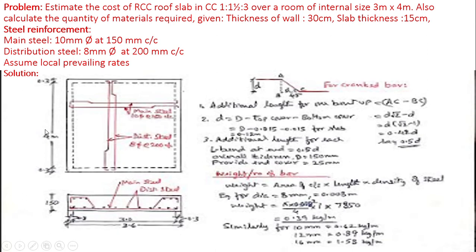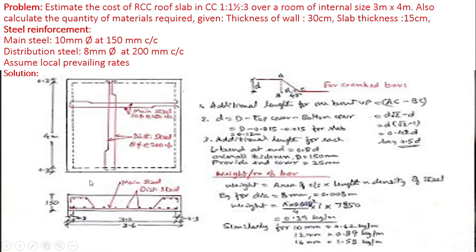Length of main bar along short span L is equal to, this bar has 2 bends at end and 1 crank.